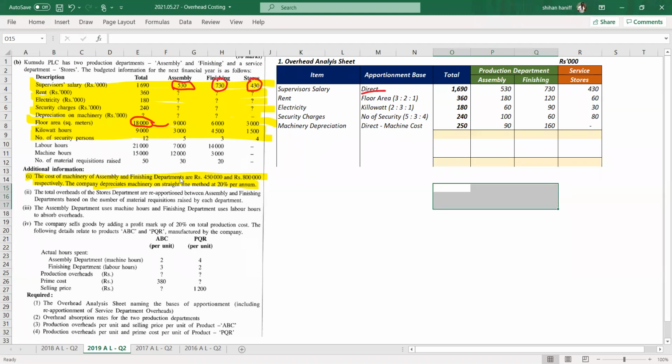Right now, even the depreciation, cost of the machinery is separately given for each department. Therefore, we took it as direct. Other amounts they have not given, shown as question marks. So for these, we have to find out the apportionment base. Most suitable base we have to consider.